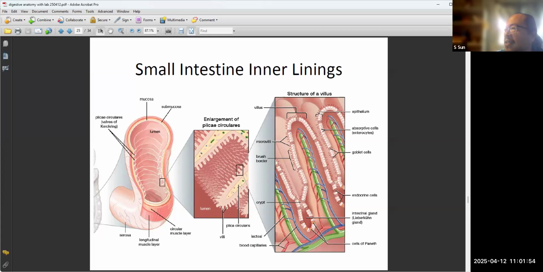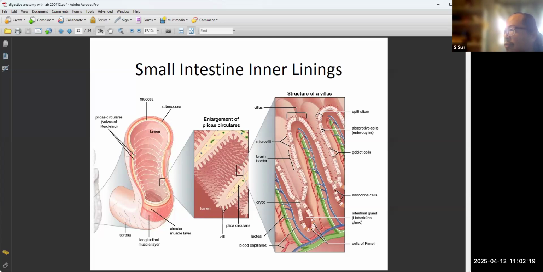And in the plicae, you also have these protrusions that are called villus. And on the villus, you have these epithelium cells. These epithelium cells serve the function to absorb the nutrients. And on the surface of this epithelium cell, they also have microvilli.